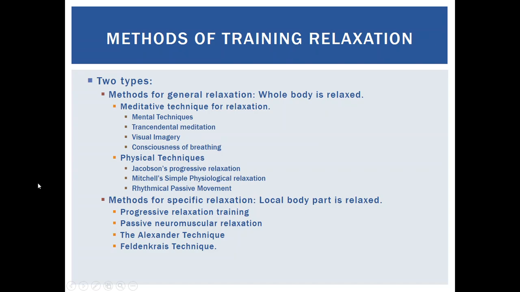General relaxation includes meditative techniques and physical techniques for relaxation. Whereas specific relaxation includes progressive relaxation training, passive neuromuscular relaxation, the Alexander technique, and the Feldenkrais technique. So let us have a look at each of these techniques in a little more detail now.